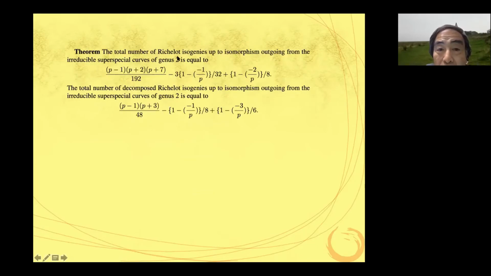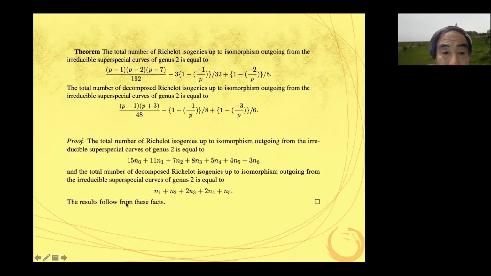The total number of Richelot isogenies up to isomorphism outgoing from irreducible superspecial curves of genus 2 is equal to this number. And the total number of decomposed Richelot isogenies up to isomorphism outgoing from irreducible superspecial curves of genus 2 is equal to this number.